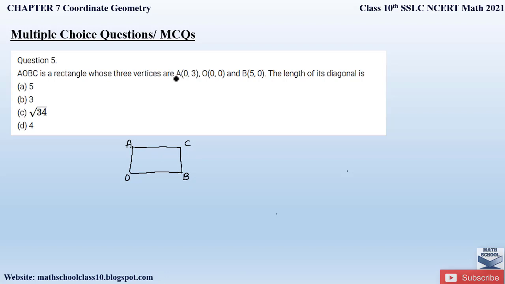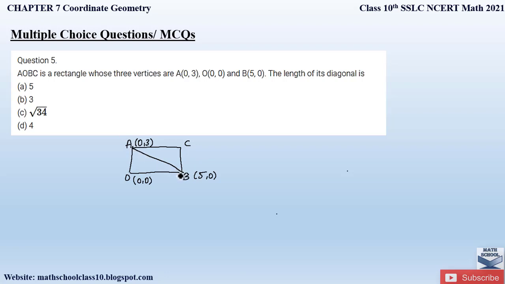So they have given us the vertex for point A as 0,3, point O is 0,0, point B is 5,0. Only these three vertices are given and they are asking us to find the length of its diagonal. So since vertex A and B is given, we will find out this diagonal AB. To find out the diagonal AB, given point A and point B, how do we find out this distance?